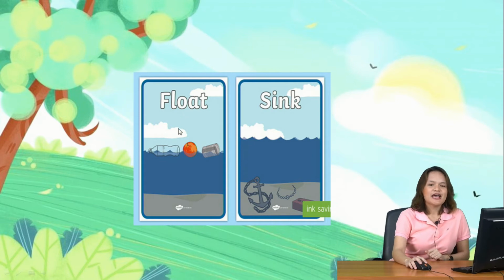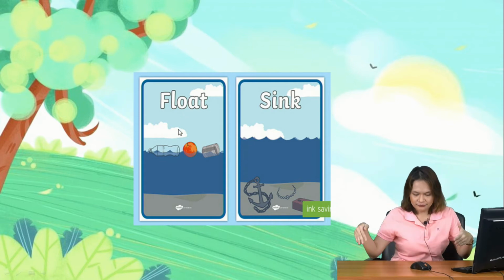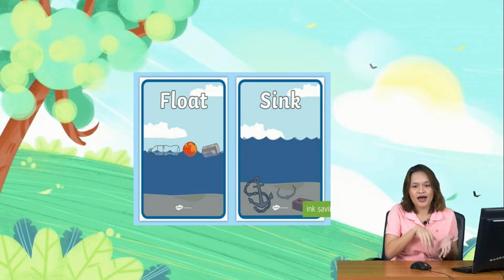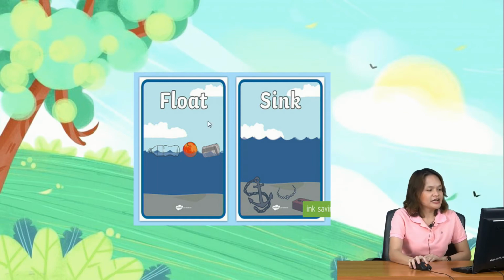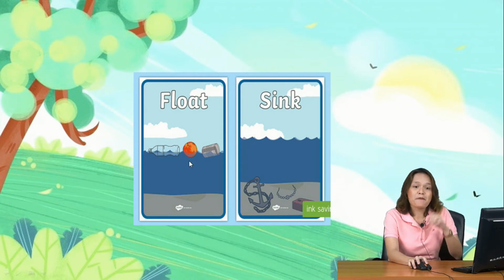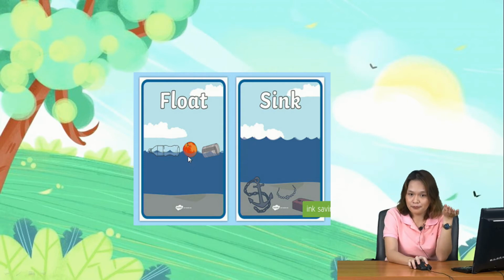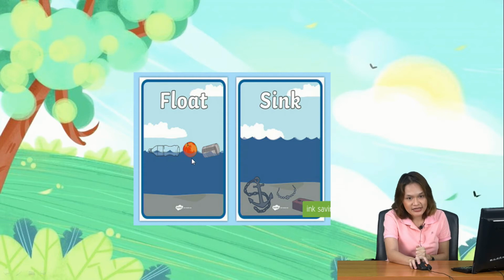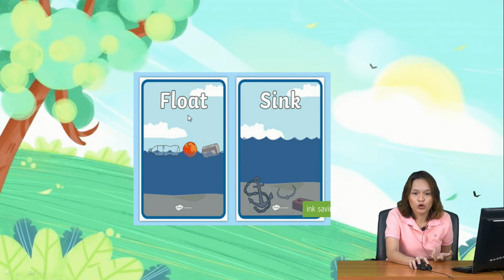If you have water, for example, and you put some things inside the glass that has water, and these things remain up in the water, if they remain only up in the water, it's called float.